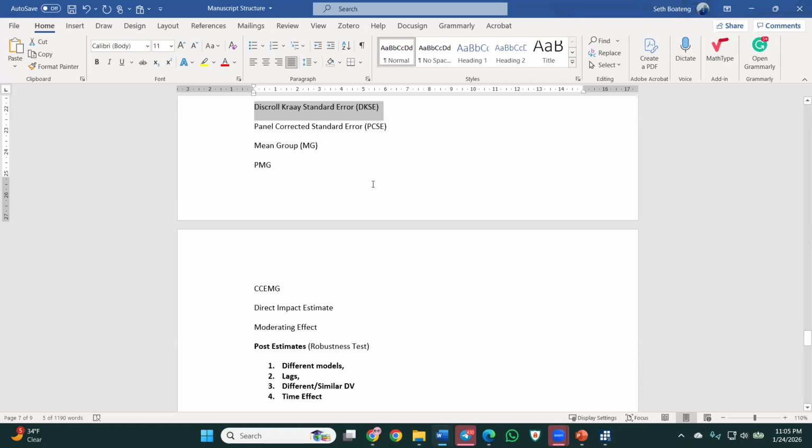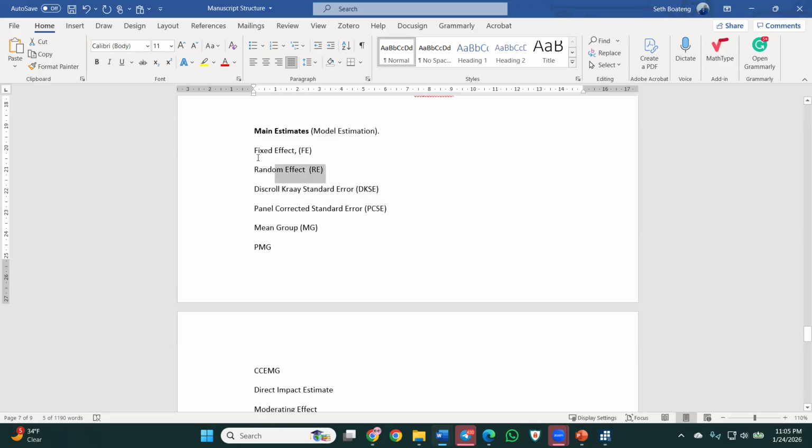Pooled mean group is also good for cross-sectional dependency. The random and the fixed effects are the basic form of panel analysis. You cannot go without them. So we will estimate both of them. But in this case, based on the kind of result we have generated, it is not appropriate to use them.